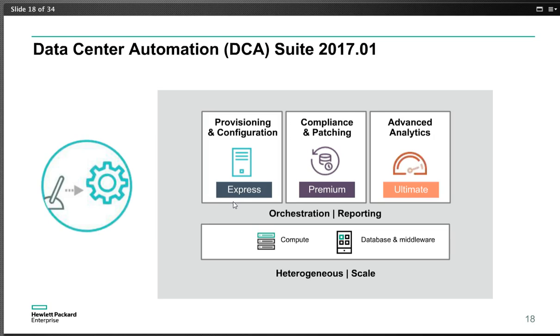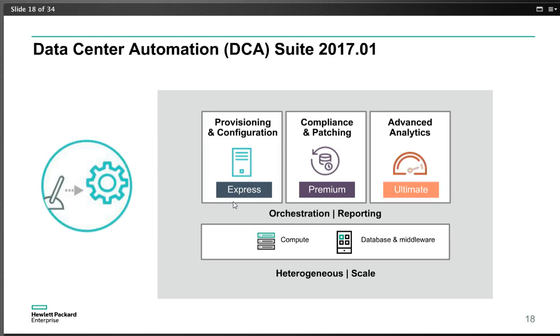We have structured these three tiers both for the compute infrastructure tier, which is to say for all the servers, whether they are bare metal or virtual machine, as well as databases and middleware.